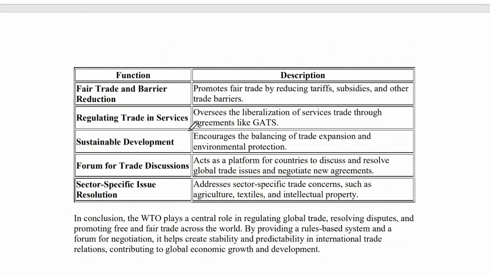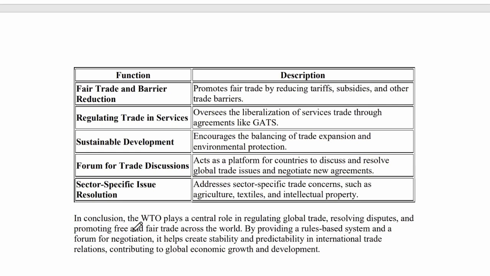Regulating trade in services oversees the liberalization of services trade through agreements like GATS. Sustainable development encourages the balancing of trade expansion and environmental protection. Forum for trade discussions acts as a platform for countries to discuss and resolve global trade issues and negotiate new agreements. Sector specific issue resolution addresses sector specific trade concerns such as agriculture, textiles, and intellectual property.